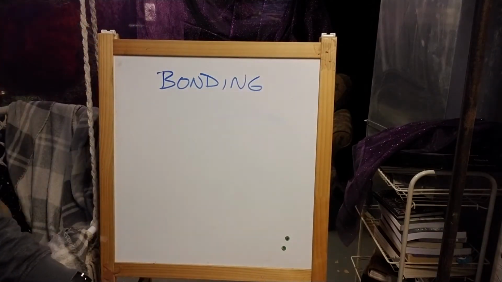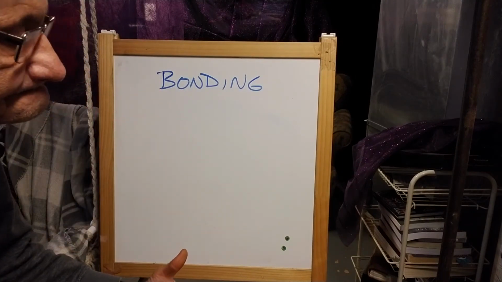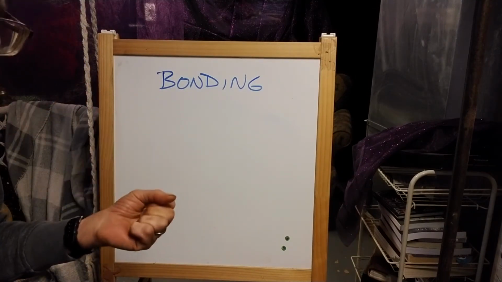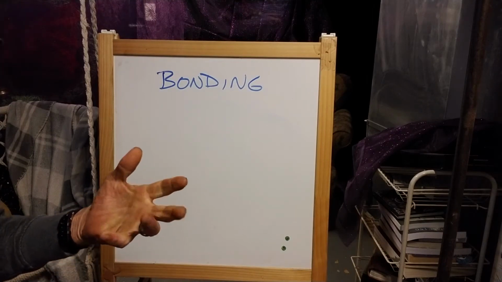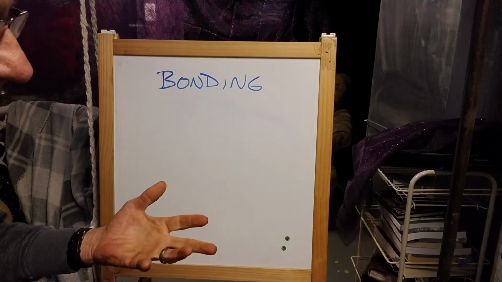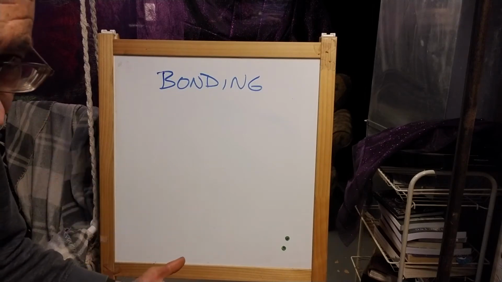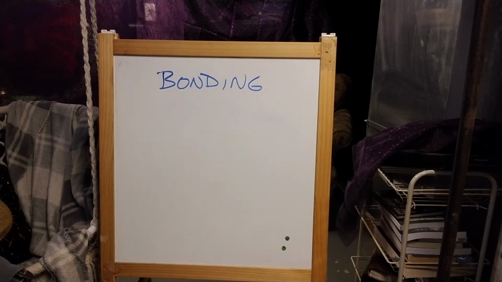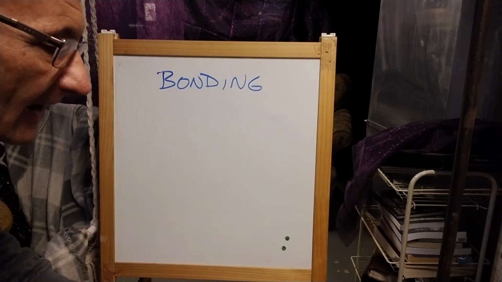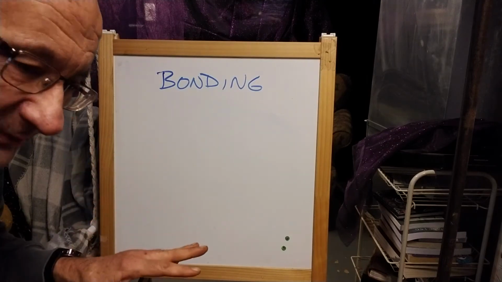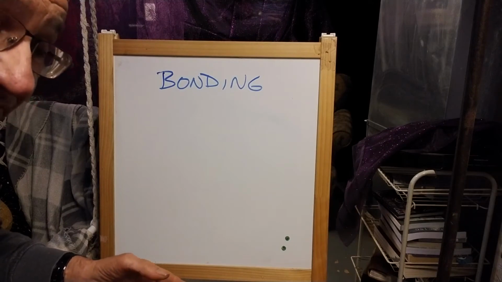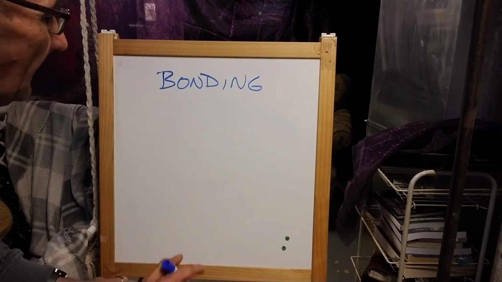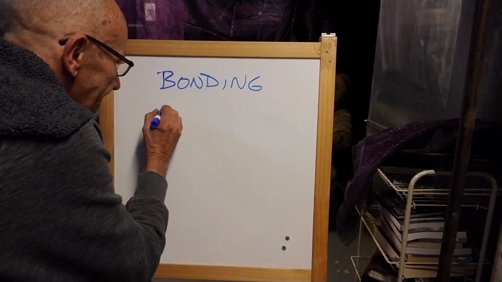Bonding. And by that we mean, how does a hydrogen atom combine with a carbon, which is one of the bases of biochemistry? How does any element combine with any element? Well, okay, I'm going to make this as simple as I can. I don't want to get complicated, because in reality it is a pretty simple concept. But there are 2 types.